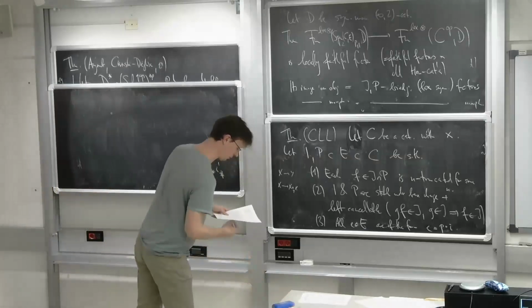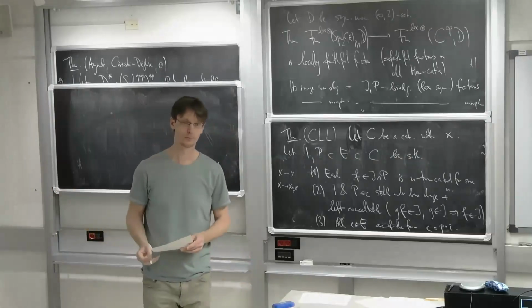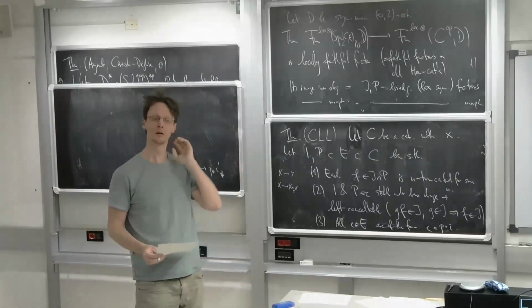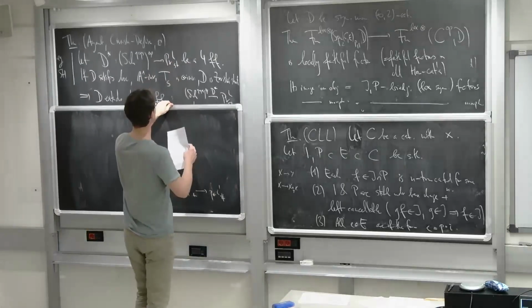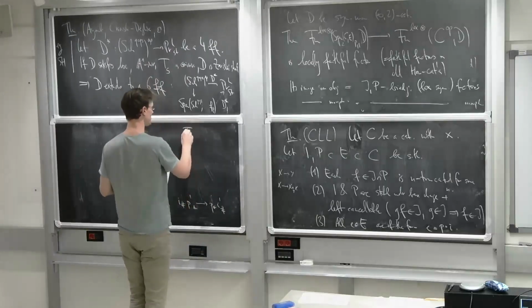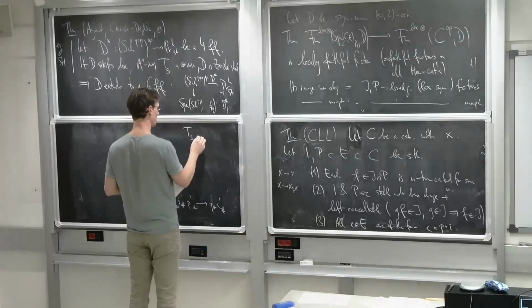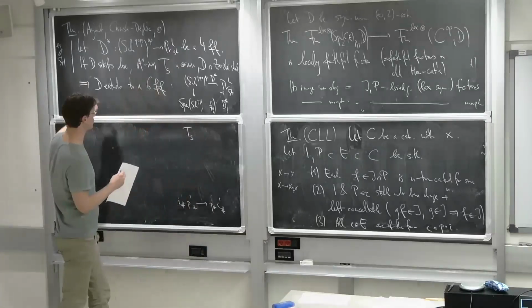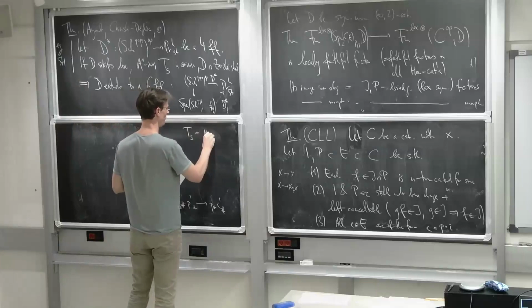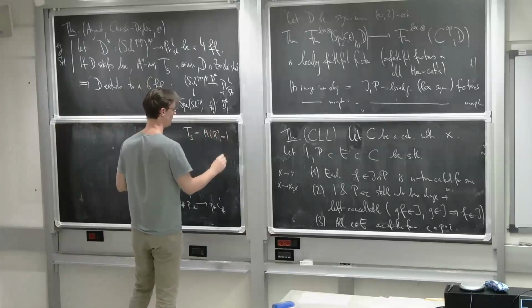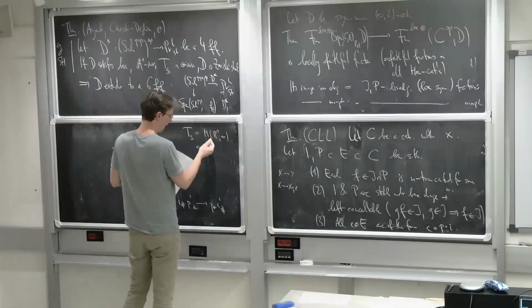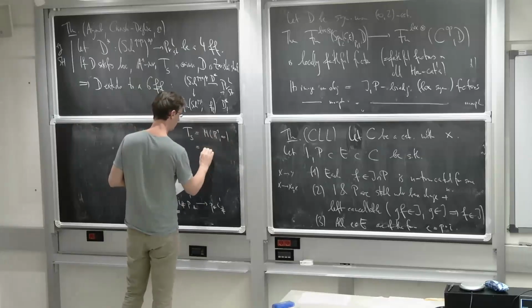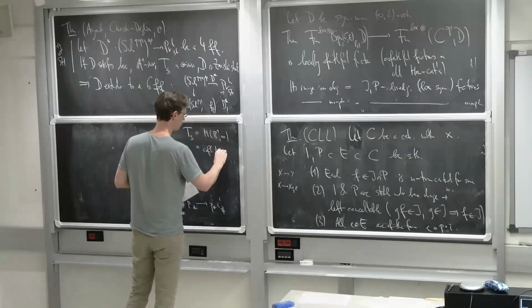Can I ask a question? Yes, please. The T_S, suppose it is also like T1 pointed. Yes. So there are different ways of talking about it. I defined it in the context of SH as the motive of P1 pointed at infinity, but maybe slightly more organically, I explained how this is equivalent to the cofiber of the motive of G_m mapping to the motive of A1.